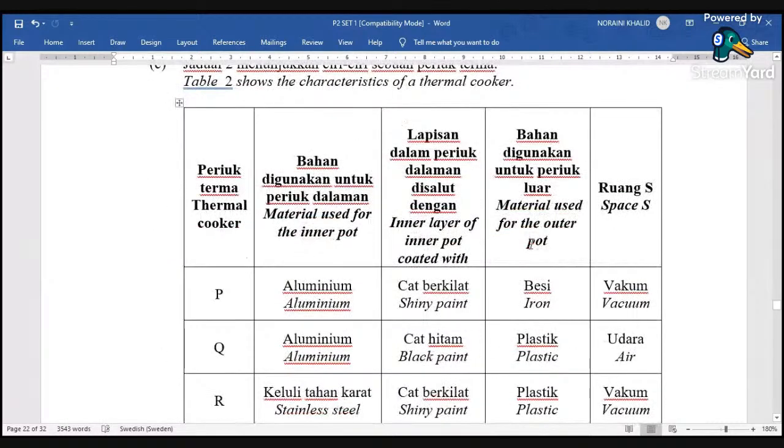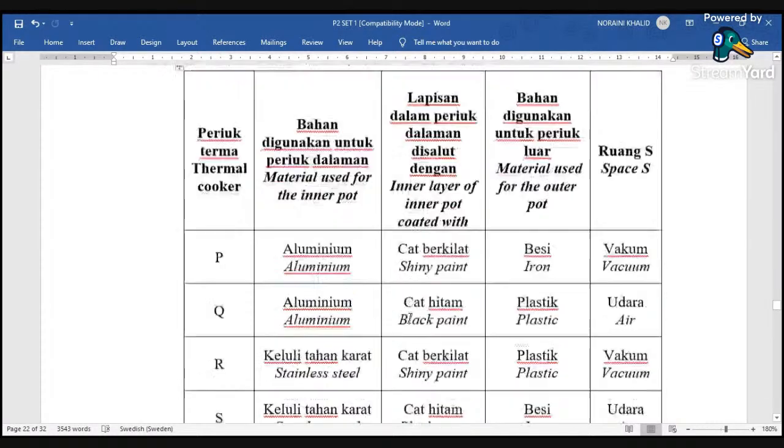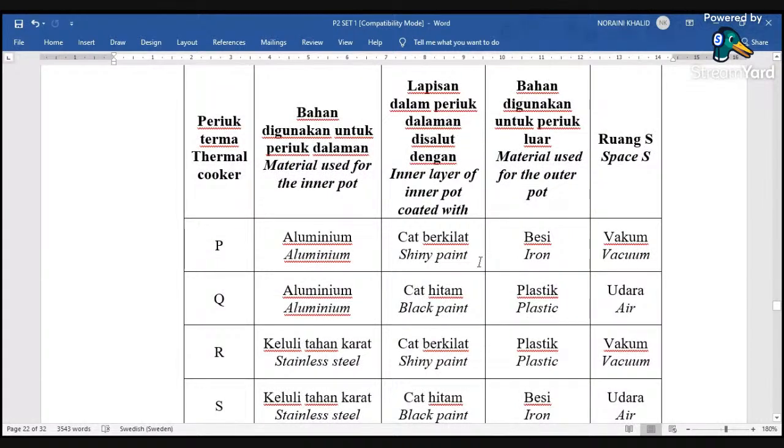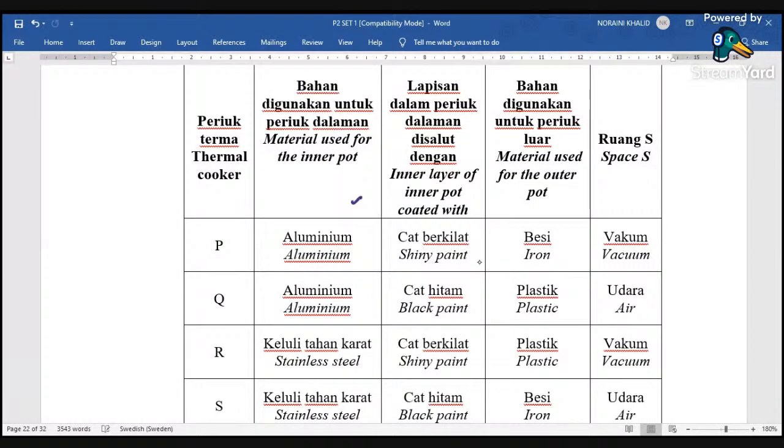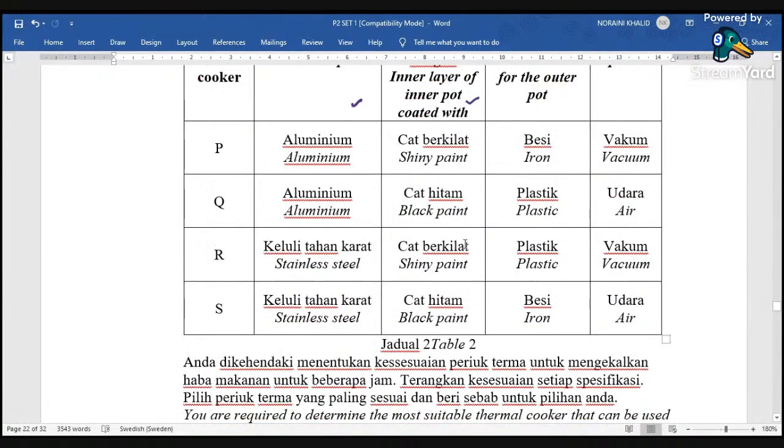Okay, part C, table 2 shows the characteristics of thermal cookers. So we have the material for the inner pot, the inner layer of the inner pot, the material for the outer pot, and space S, based on the diagram given for the thermal pot.